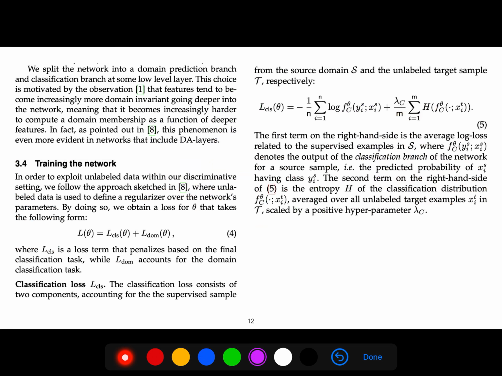And the loss is a sum of loss terms. One term penalizes based on the classification, and this accounts for the domain classification task.